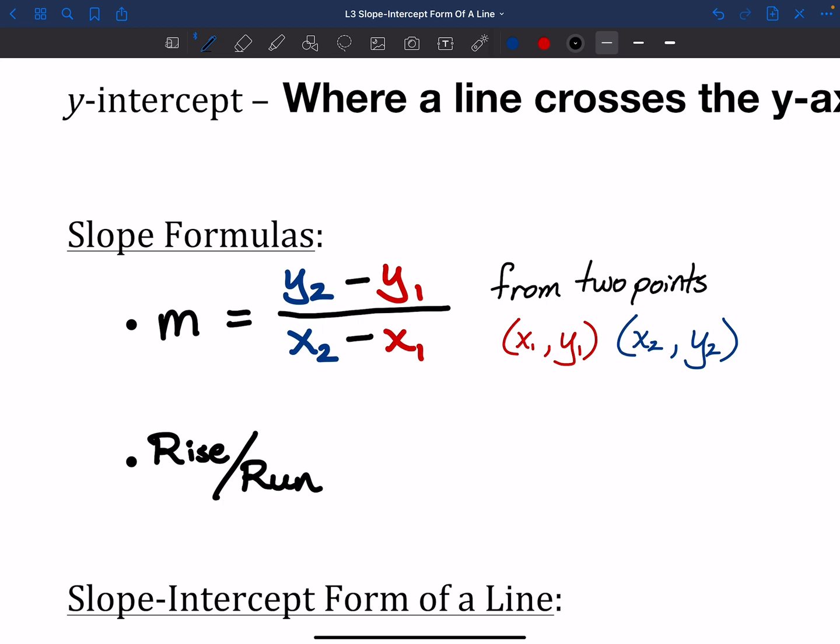The other way to think about slope is rise over run. If you already have a graph and you can see the grid lines and find two good points, you can just count out the rise and the run to figure out what the slope is.